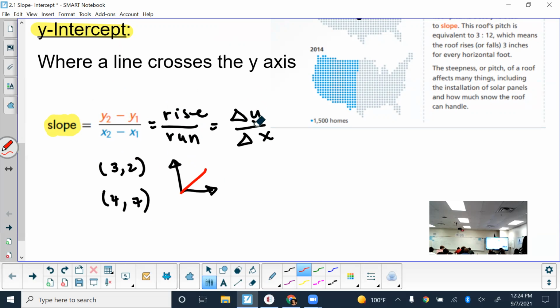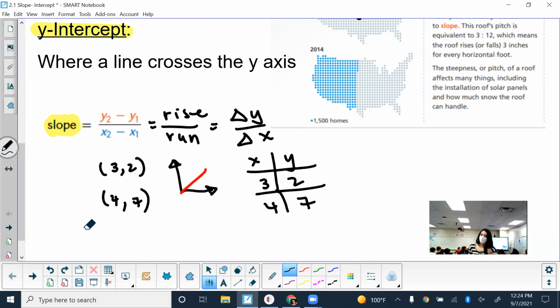And then change in y over change in x, I'd probably use that more for a table, like (3, 2), (4, 7). That's when I would use that one. And it'll make more sense as we do some examples. But any questions?